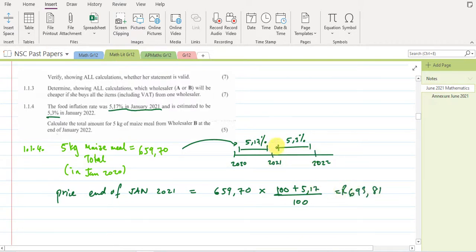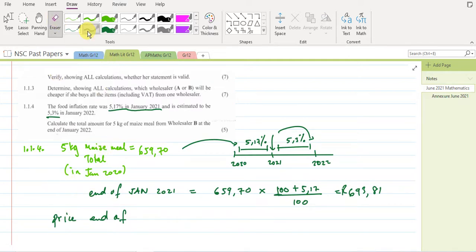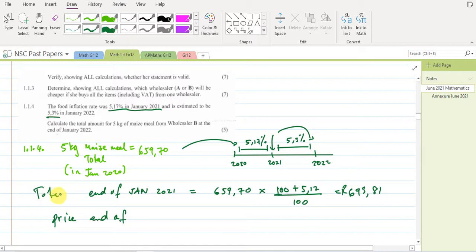right? And then remember, we want the total at the end of January 2022. So not the price, we should say total amount. Don't say price, say total amount. And this is also the total end of January 2022.